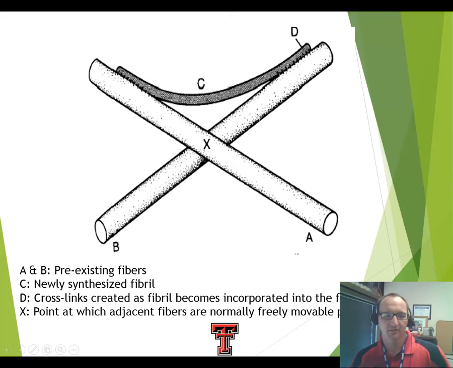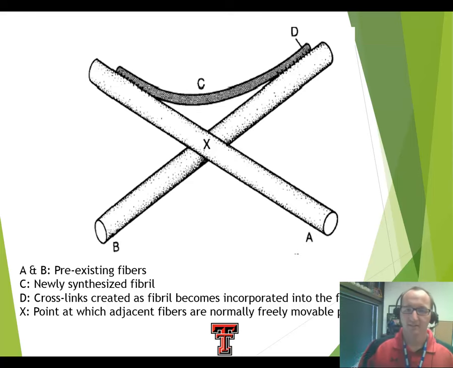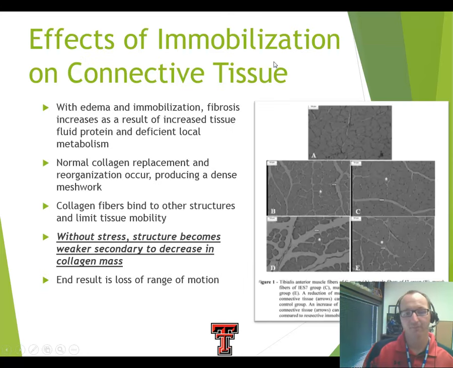So this additional fiber is going to prevent motion in either direction in multiple planes. Okay, so it's going to significantly impact range of motion. And sometimes in order to get range of motion back, we actually have to physically break these cross linkages, and that's a very painful process. And if not painful, at the very least lengthy.